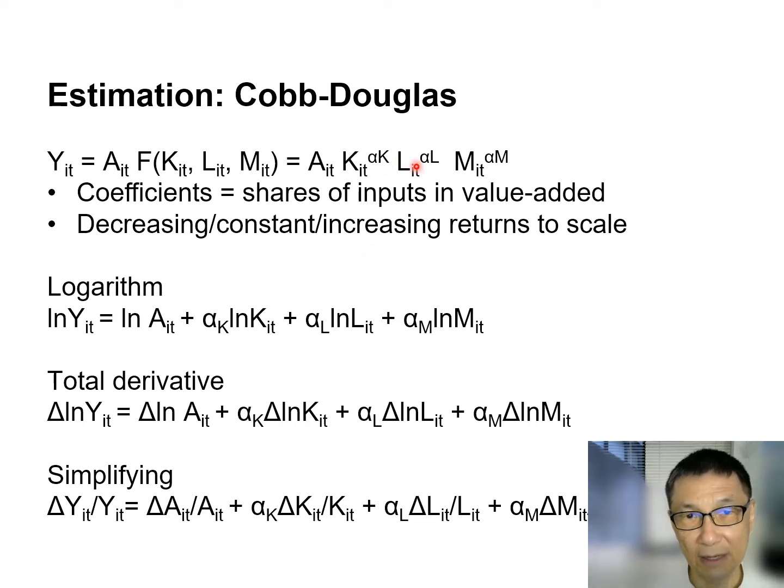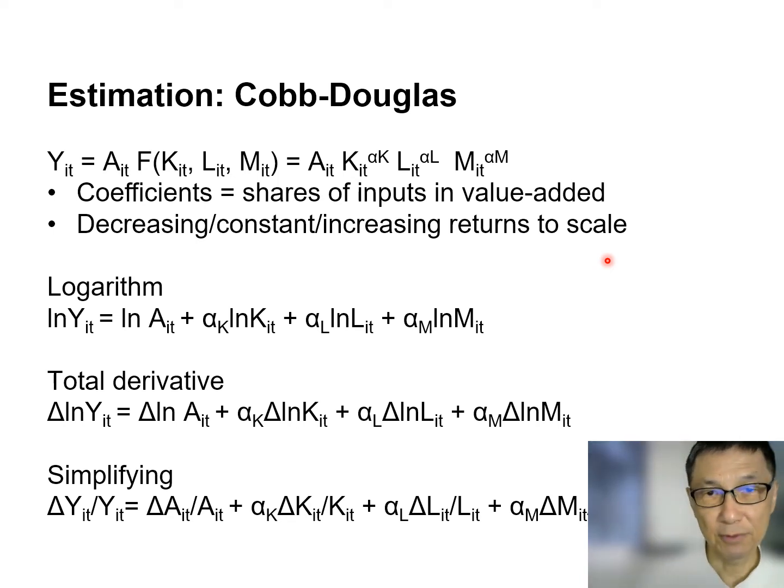If the shares sum to less than 1, then a proportional increase in each of these inputs will lead to a less than proportional increase in output. That's a case of decreasing returns to scale. If these shares sum to more than 1, then the same proportional increase in K, L, and M will lead to a more than proportional increase in output. And that's a case of increasing returns to scale.